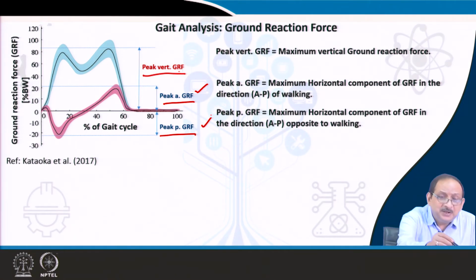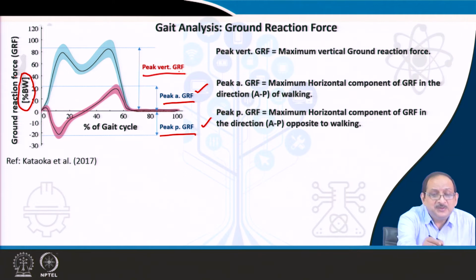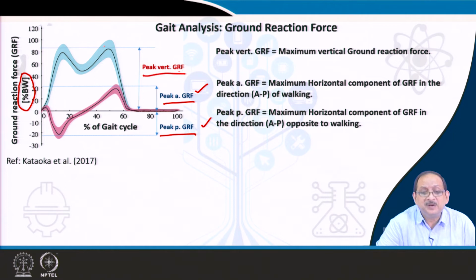This ground reaction force is expressed in terms of body weight, as percent of body weight. As you can see, the peak value of the vertical component of the ground reaction force reaches about 90% of the body weight during the gait cycle.